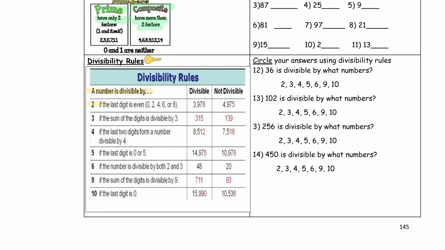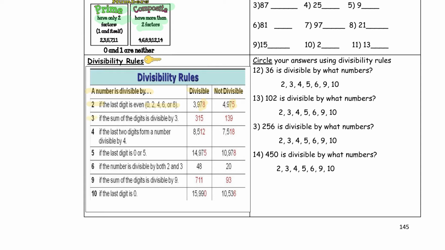And we talked about even numbers being 0, 2, 4, 6, or 8. The last digit is where it ends. Okay, so you want to look. In this chart, this is good to go through. It goes through the divisible numbers and the ones that are not divisible. So it shows you an example of what a number divisible by one number should look like, and then if there's another one that is not divisible.